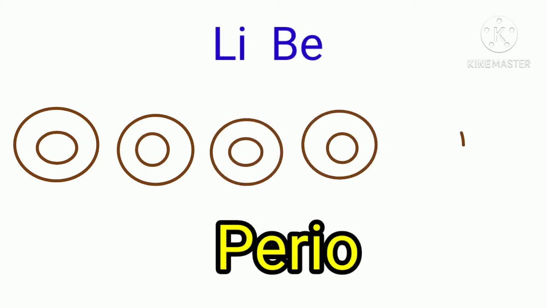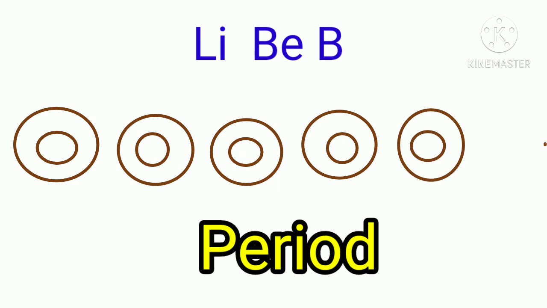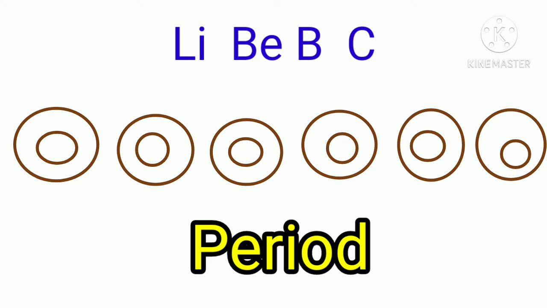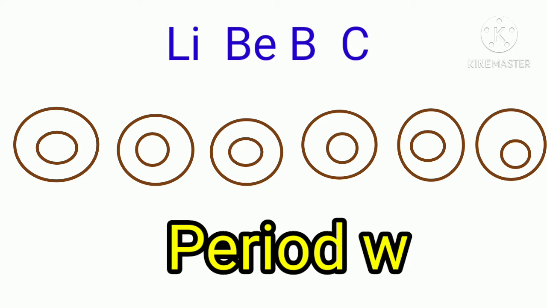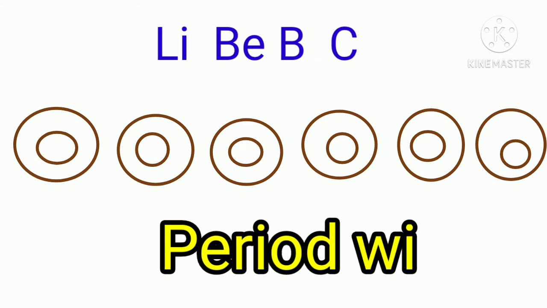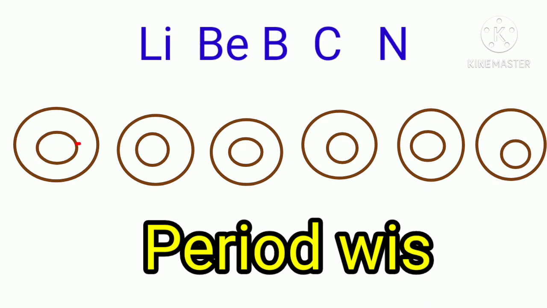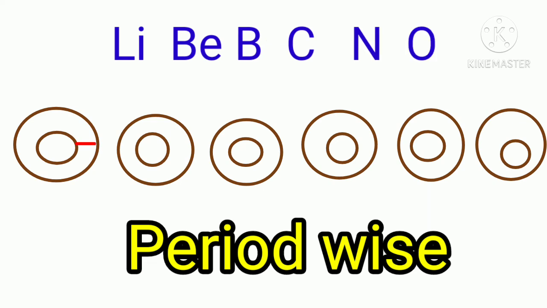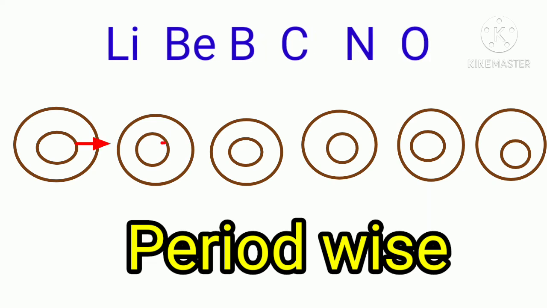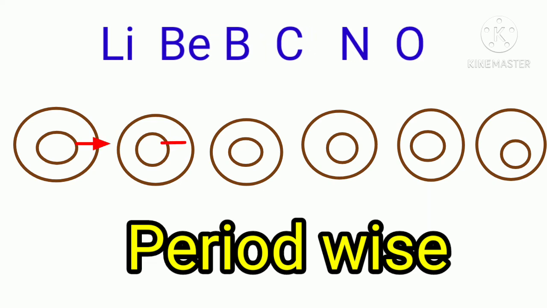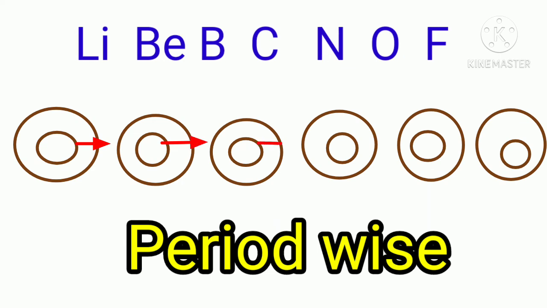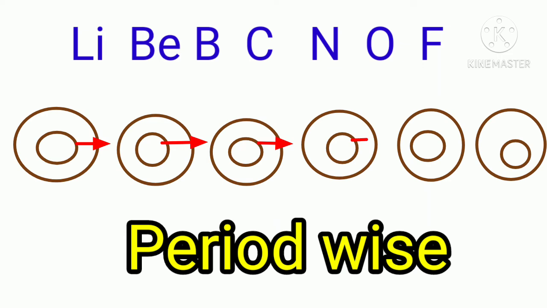The outermost electrons enter into the same shell, followed by lithium, beryllium, boron, carbon, nitrogen and oxygen, then fluorine, then the last one is neon. That is period wise, left to right.